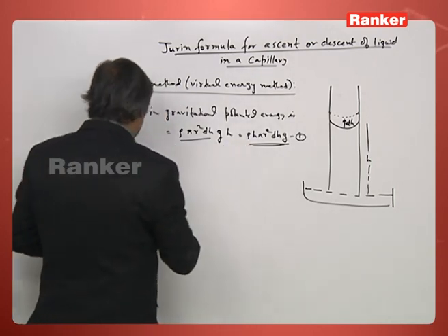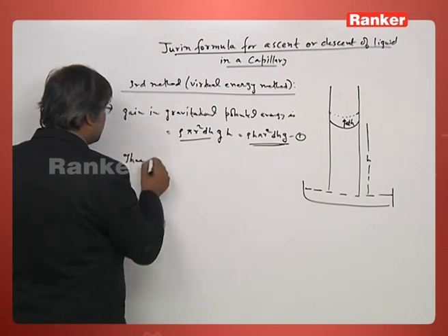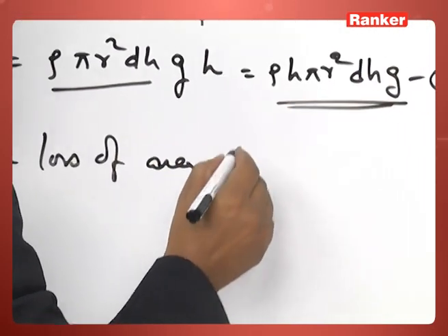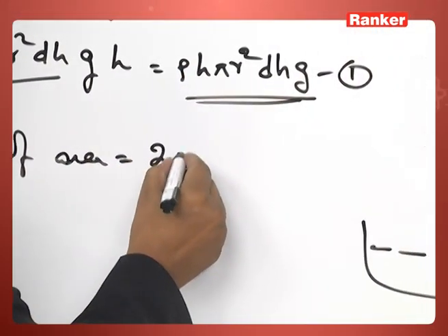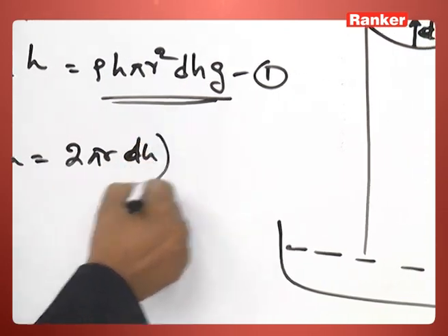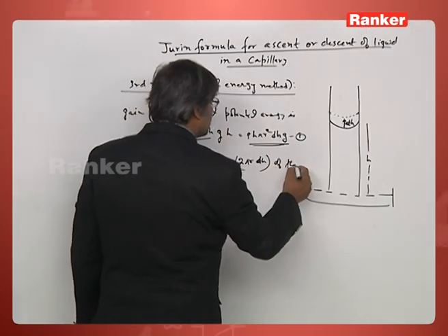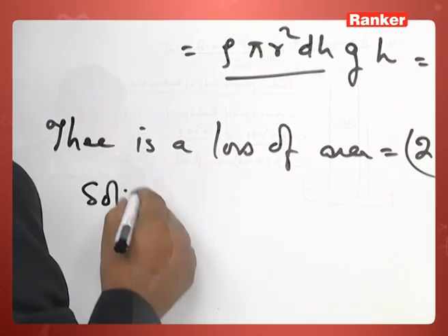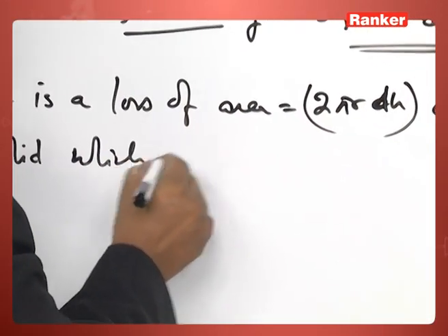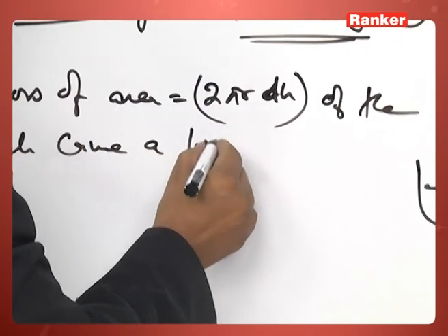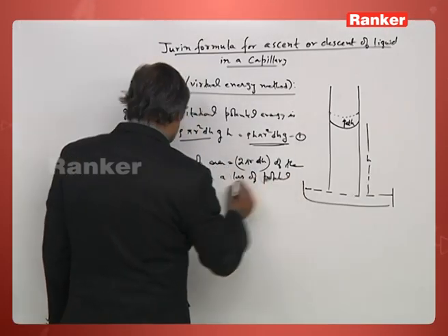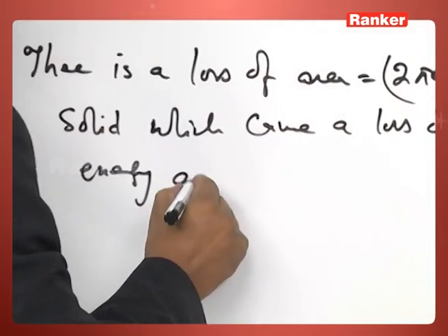So, there is a loss of area equal to, suppose I say, 2 pi r into delta h or dh of the solid, which causes a loss of potential energy associated with it.